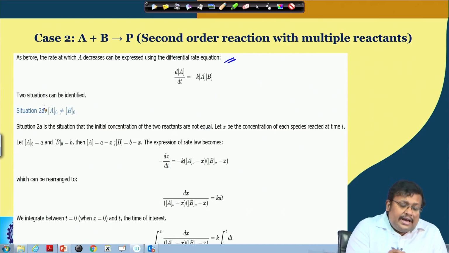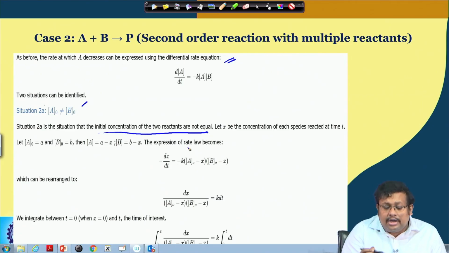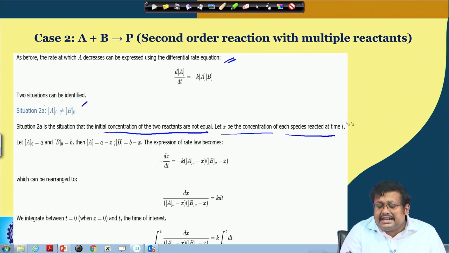Situation 2A is where [A]0 is not equal to [B]0, that means the initial concentrations of the two reactants are not equal. Let x be the concentration of each species reacted at time t.